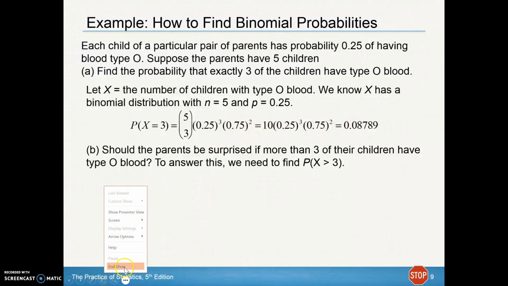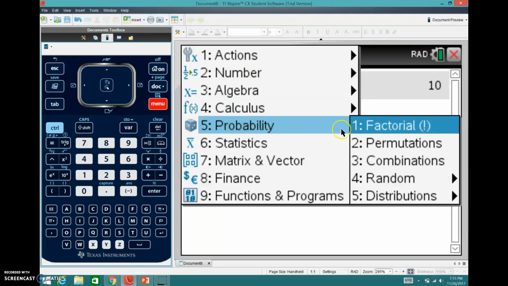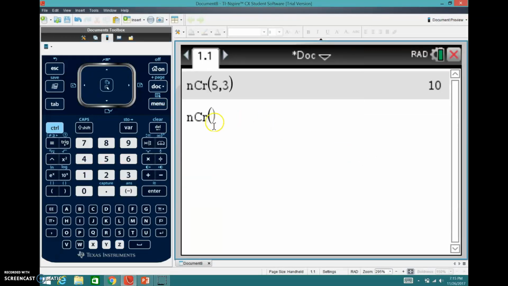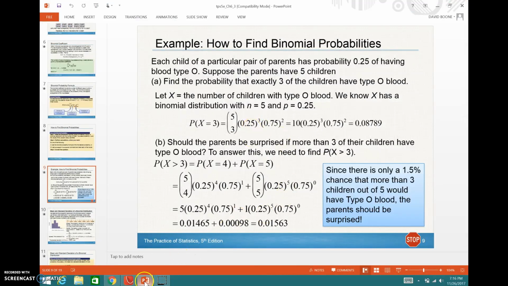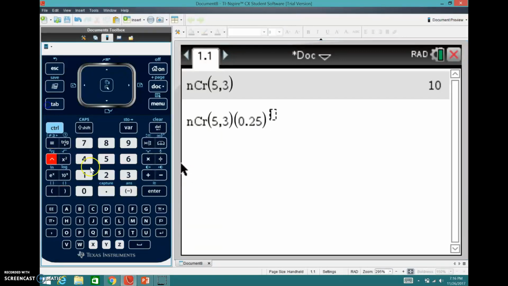We'll go back to that calculator, take that combination of 5, 3, and then back to the problem, we type in 0.25 raised to the third, and then 0.75 raised to the second.